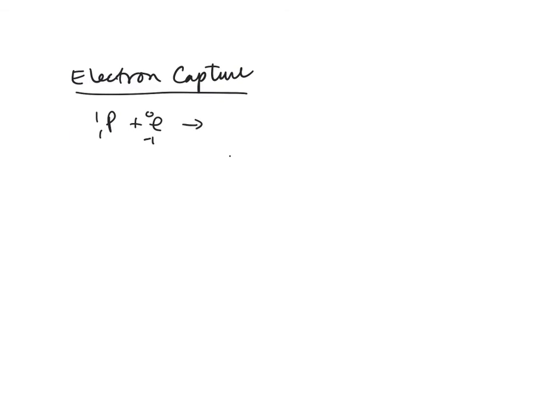All right, let's look at a few details here. This is for electron capture. The example is a proton plus an electron gets converted to a neutron. Potassium-40, with 19 protons, is an example where it picks up an electron from its inner core and converts to form argon-40, with 18 protons.